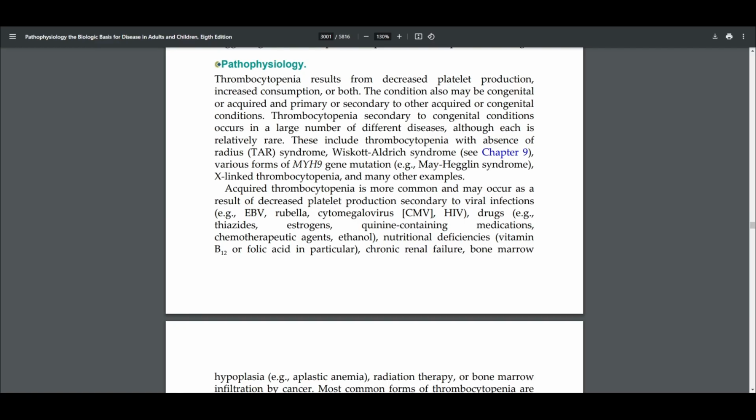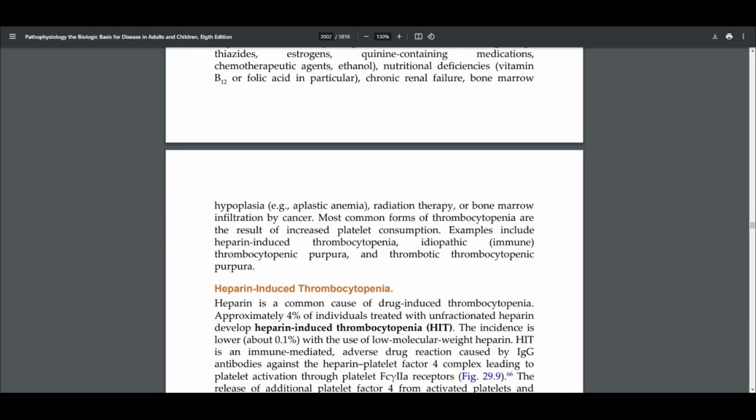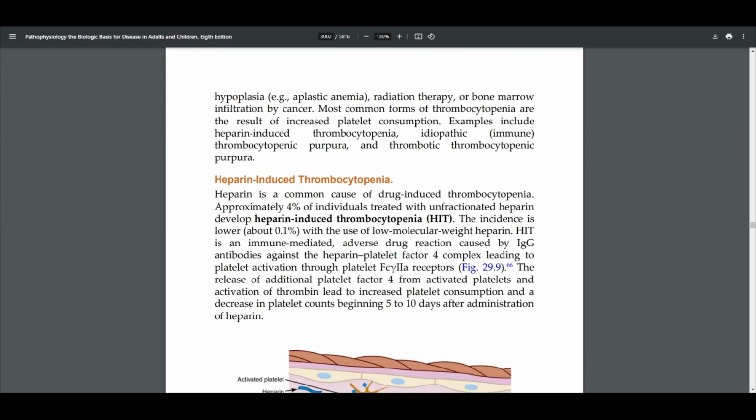Acquired thrombocytopenia is more common and may occur as a result of decreased platelet production secondary to viral infections, nutritional deficiencies, as well as chronic renal failure, bone marrow hypoplasias, radiation therapy, or bone marrow infiltration via cancers.